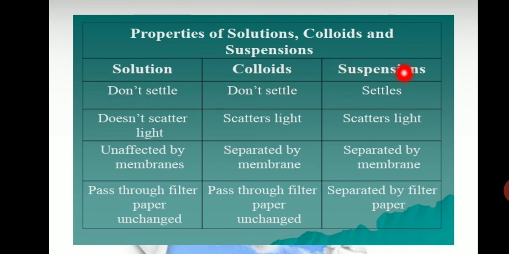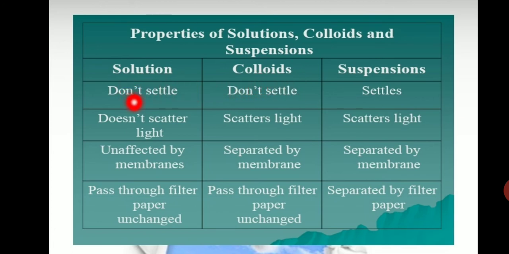Suspension is also heterogeneous. Then what about the size of the particles? In a solution it is less than 1 nanometer. Suspension is greater than 100 nanometers. Intermediate between 1 and 100 nanometers is colloids.